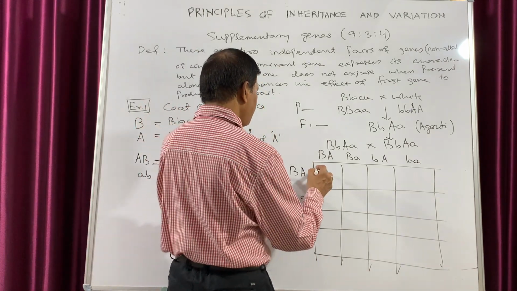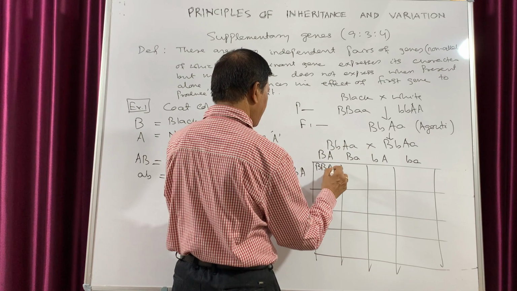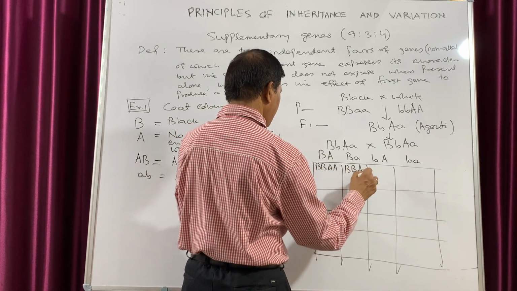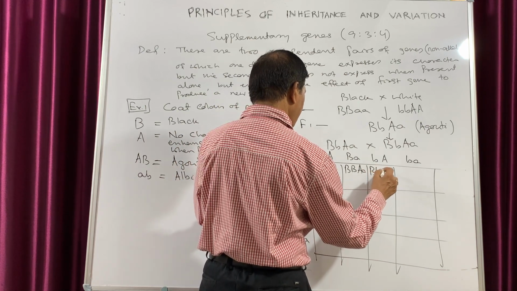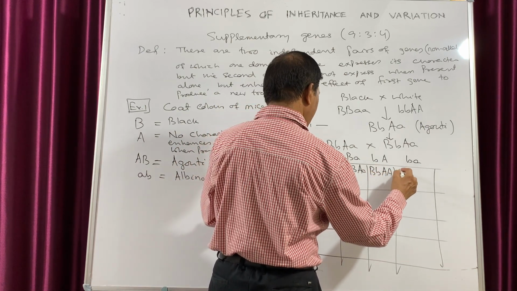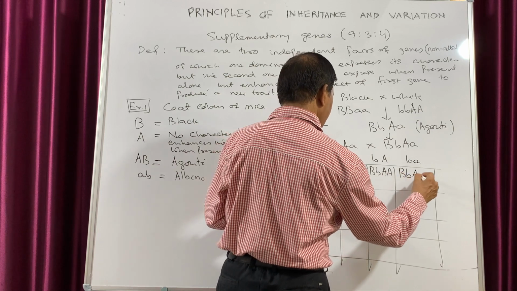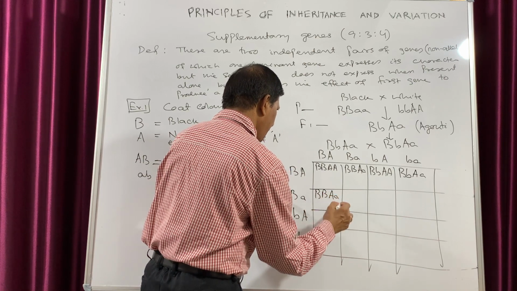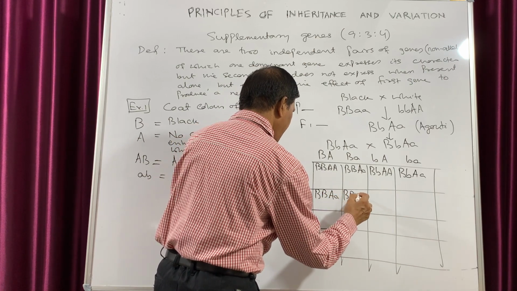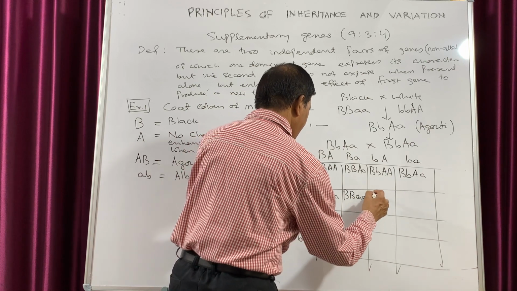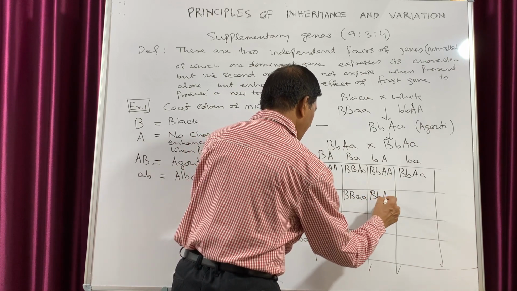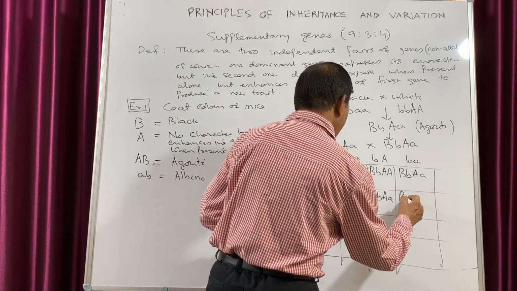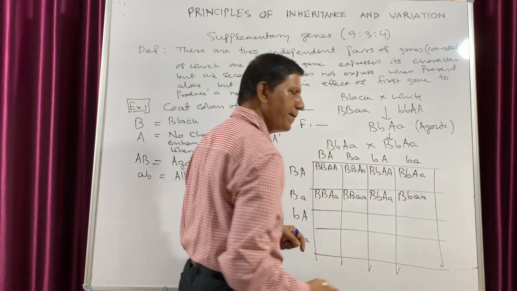So, in this case, what is happening? Capital B, capital A, capital A. Here capital B, capital A, small a. Here capital B, small b, capital A. And here capital B, small b, capital A, small a. In this case, capital B, capital A, small a. Here capital B, small a. Here capital B, small b, capital A, small a. And in this case, capital B, small b, small a, small a.